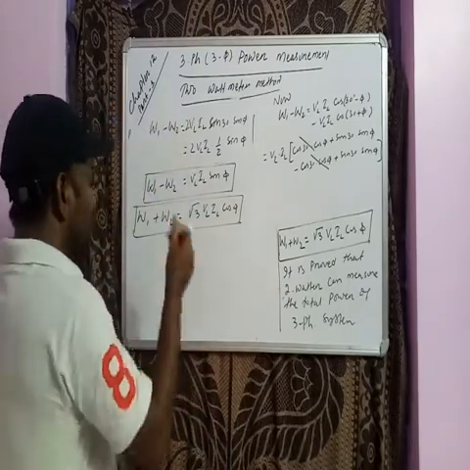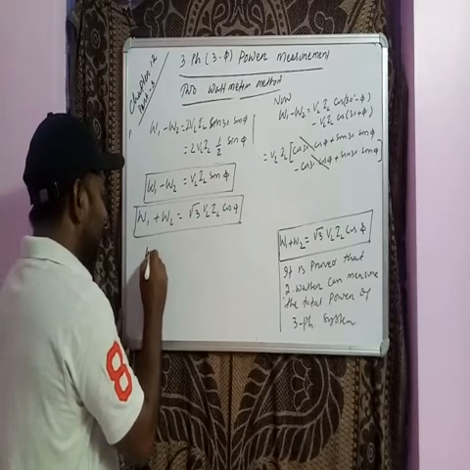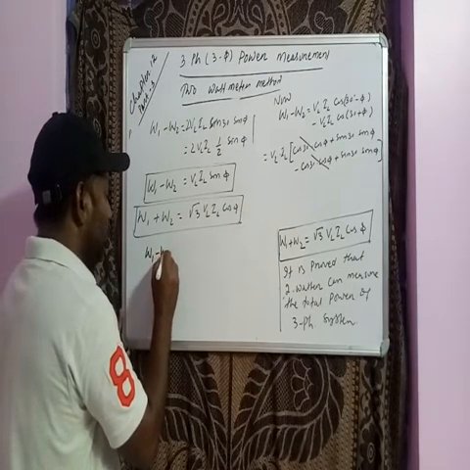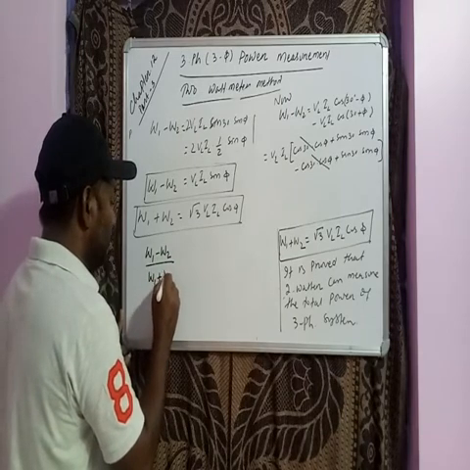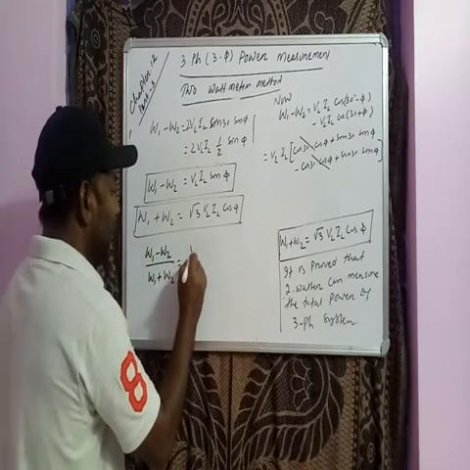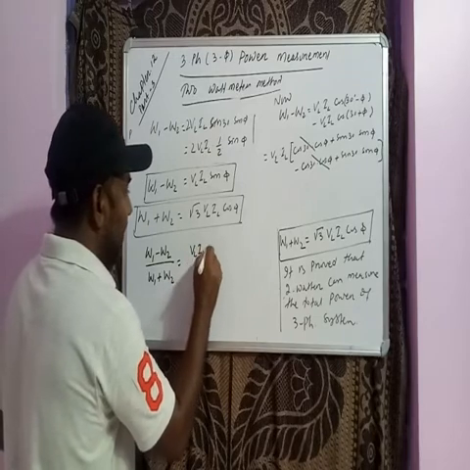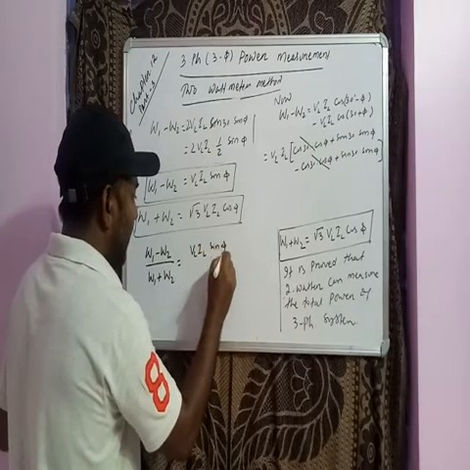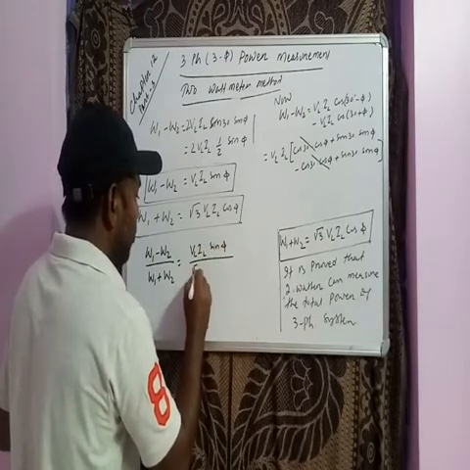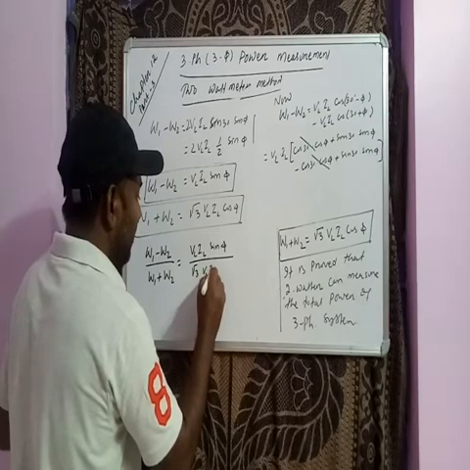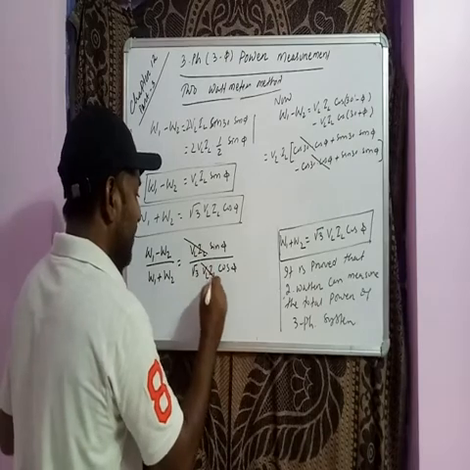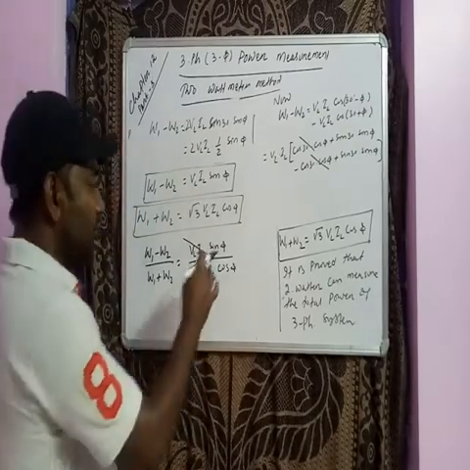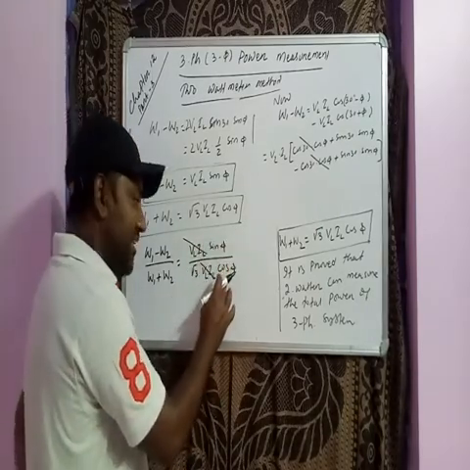Getting this? Now what do we do? If we take W1 minus W2 by W1 plus W2, then what will we get? VL IL sin phi by root 3 VL IL cos phi. Now VL IL can be cancelled. So sin phi by cos phi is tan phi.